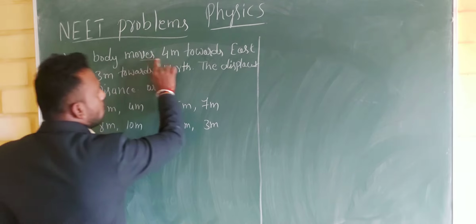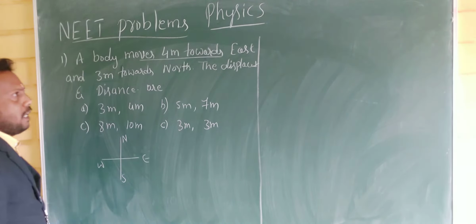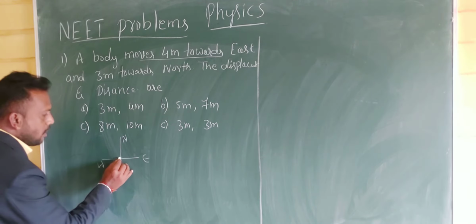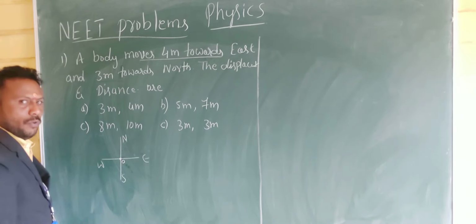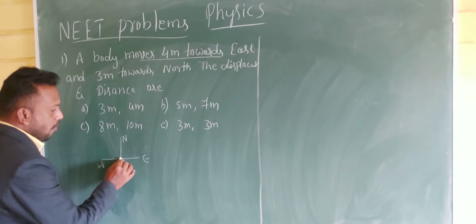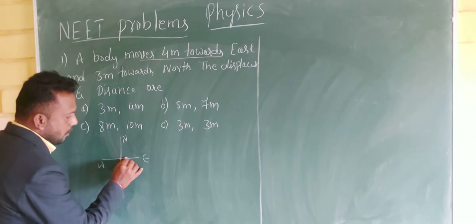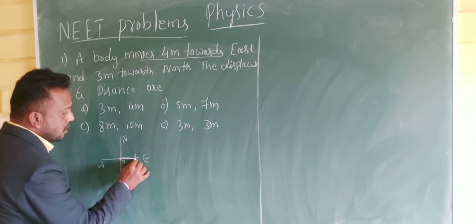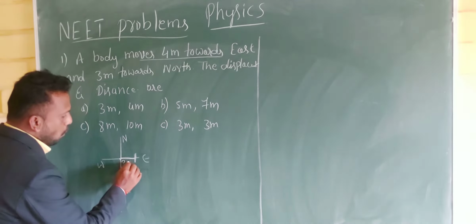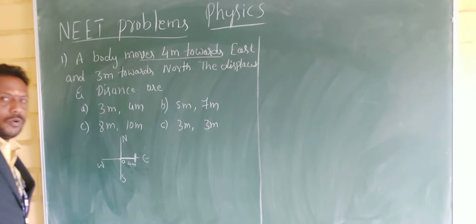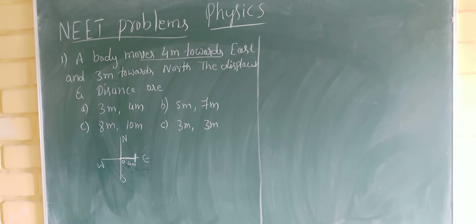The body moves 4 meter east from the origin O. How much distance? 4 meter. And then 3 meter north.